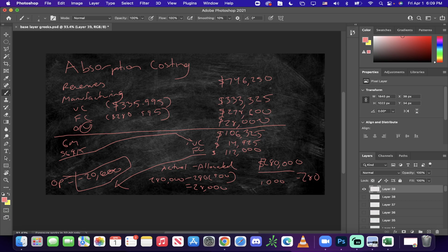Oh wait, so it's just the actual manufacturing cost minus the number we just found. I wrote that in the flashcard because I didn't know what to actually call that number. That's fine. So it'd be the 280,000 minus 278,000.